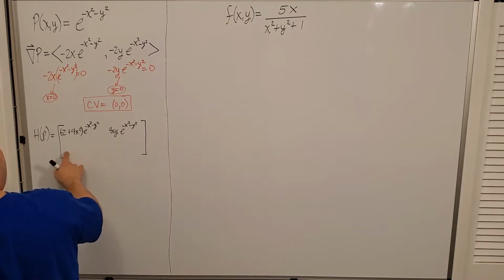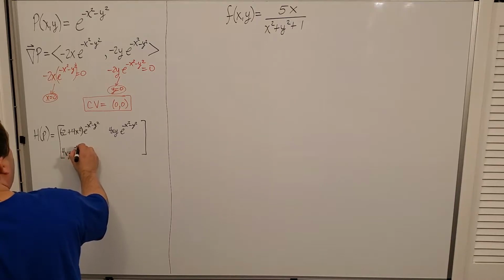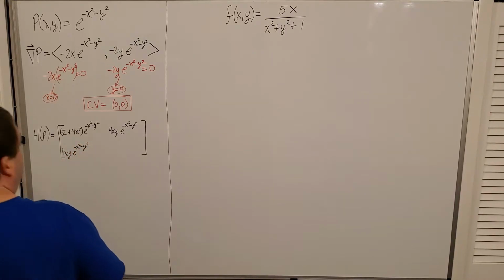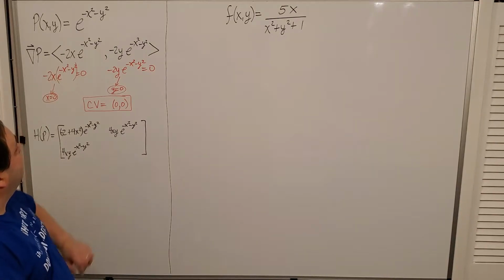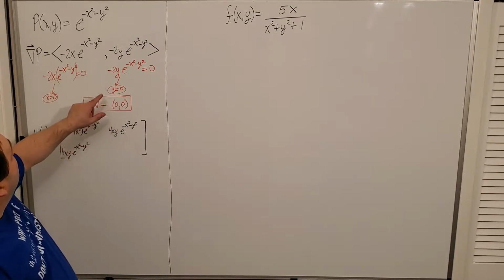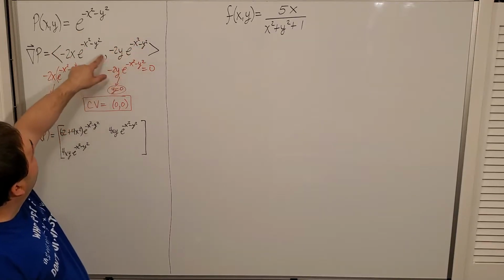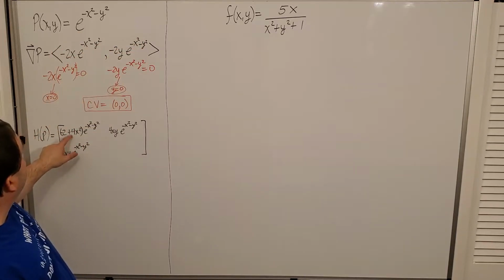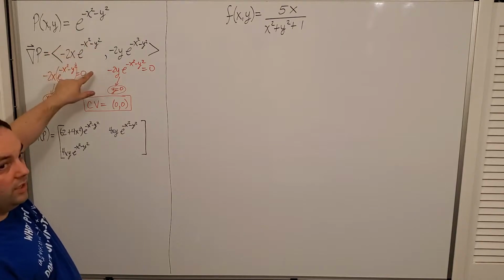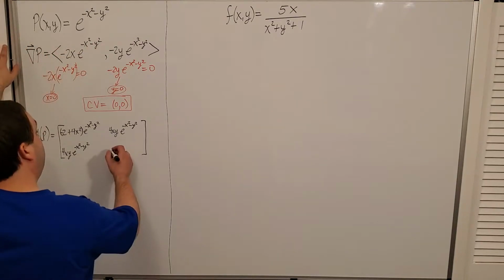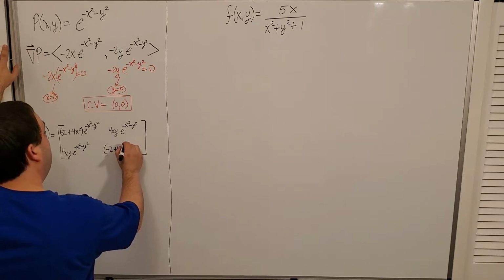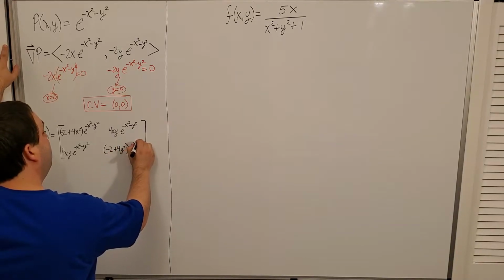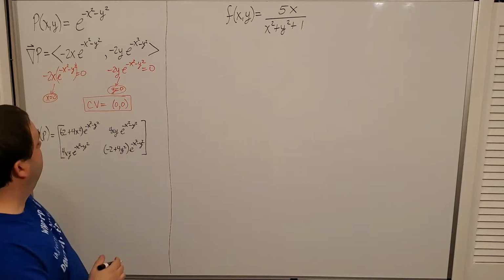And of course, the continuous derivative here is going to be the same, right? My second crossover partials is going to be the same there because it is continuous at 0, 0. And then I'm going to do my y derivative here, which is going to be very similar to doing the x derivative on the x portion here. So I'm getting negative 2 plus 4y squared e to the negative x squared minus y squared.